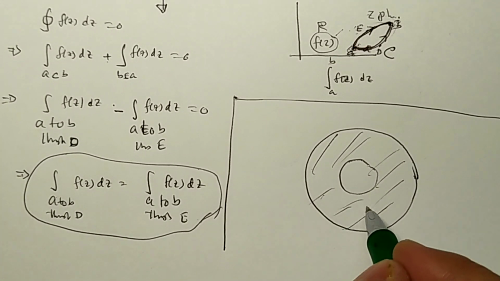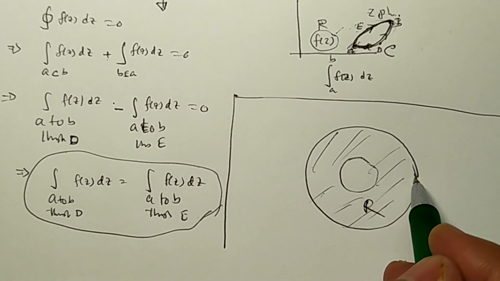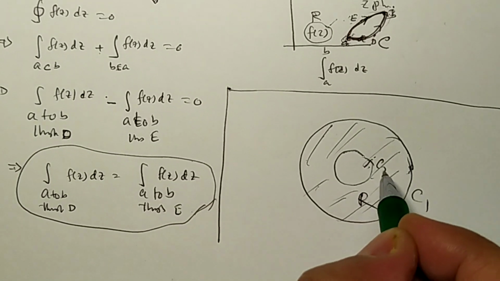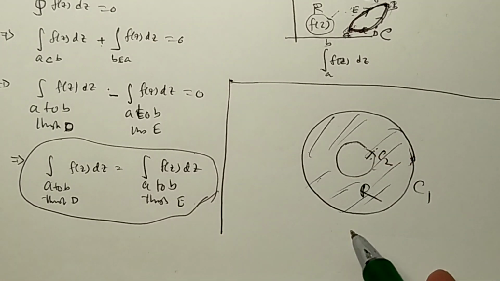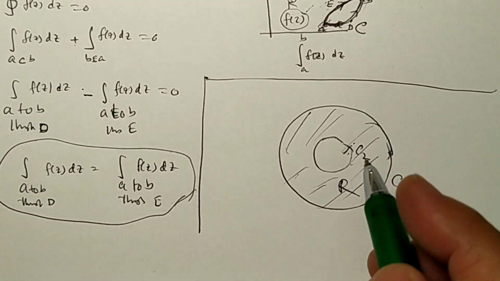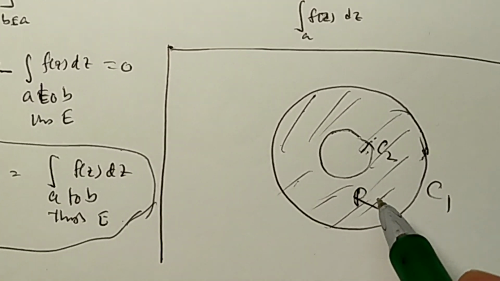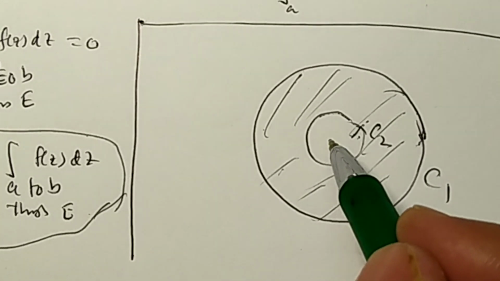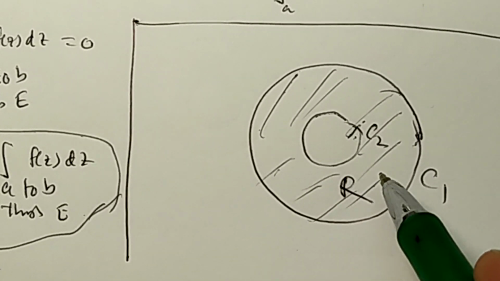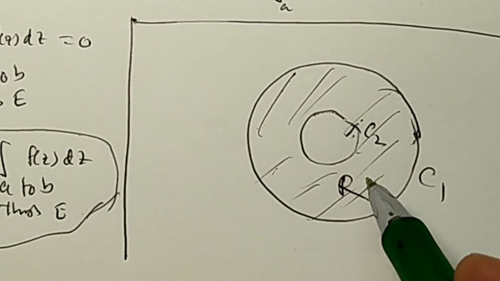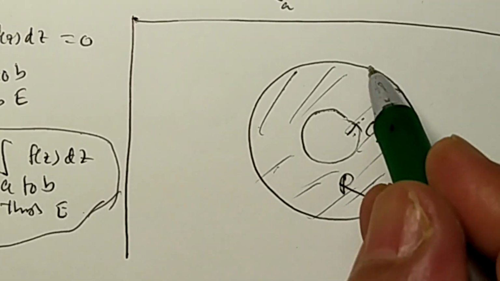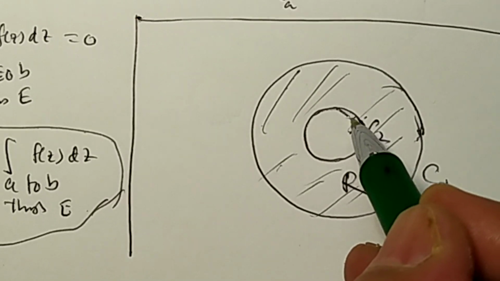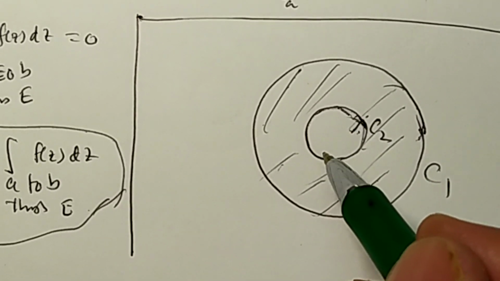Say this is the region R, bounded by C1, and another boundary is C2. If you can shrink a loop to a point, then it is called a simply connected region. If you cannot shrink it to a point, then it is called a multiply connected region. If you try to shrink this circle, you just get stuck here. You cannot go beyond that because the function is not analytic here.